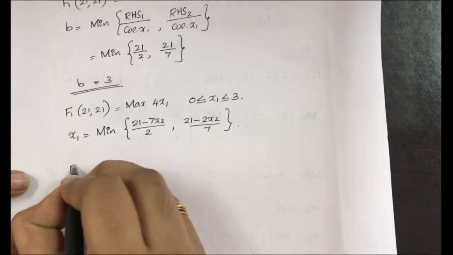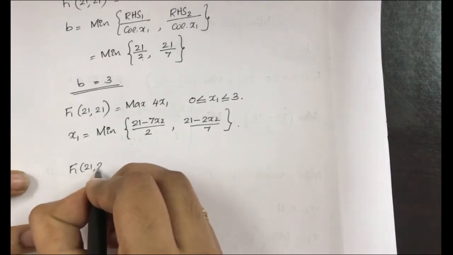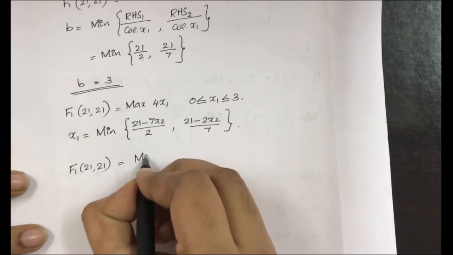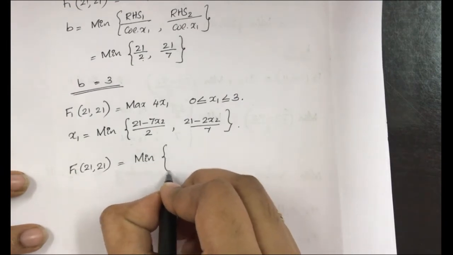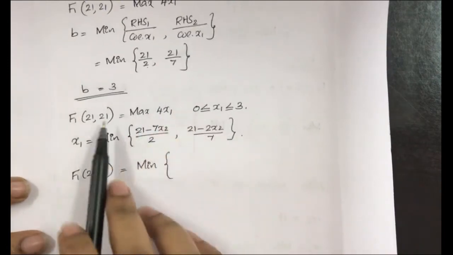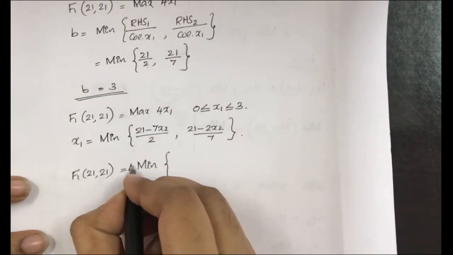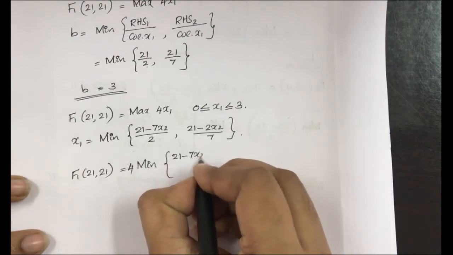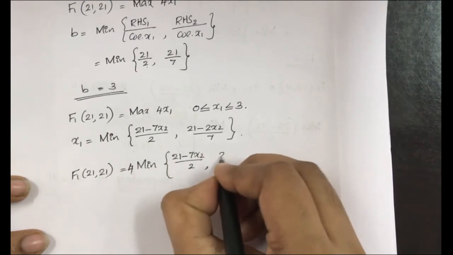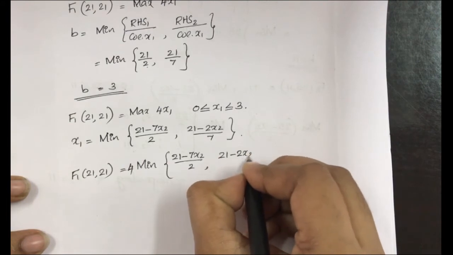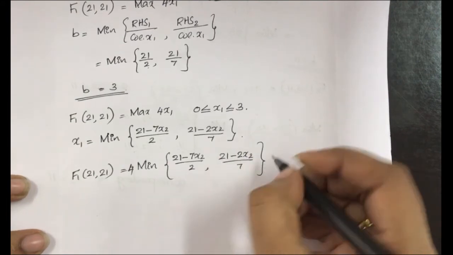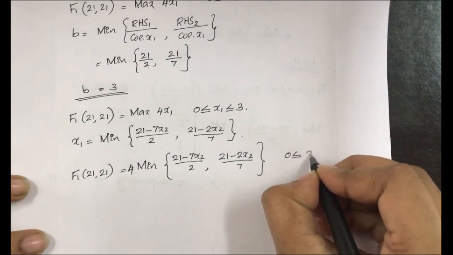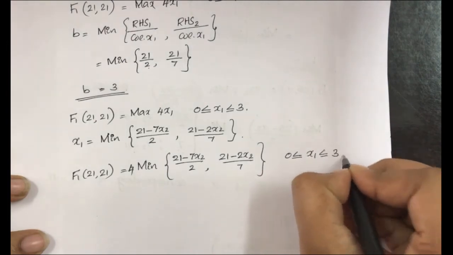That is f1 of 21 comma 21 is equal to 4 into minimum of 21 minus 7x2 divided by 2 comma 21 minus 2x2 divided by 7, where 0 less than or equal to x1 less than or equal to 3.